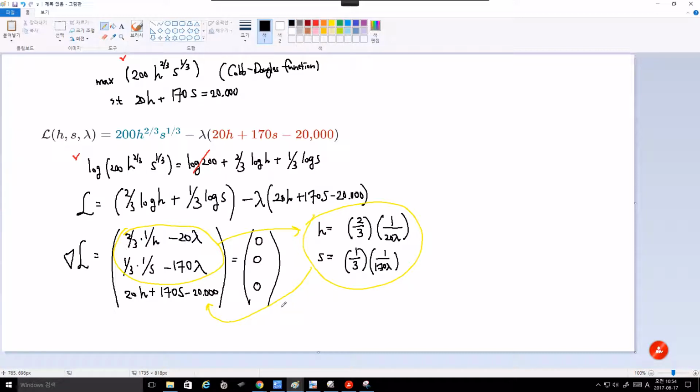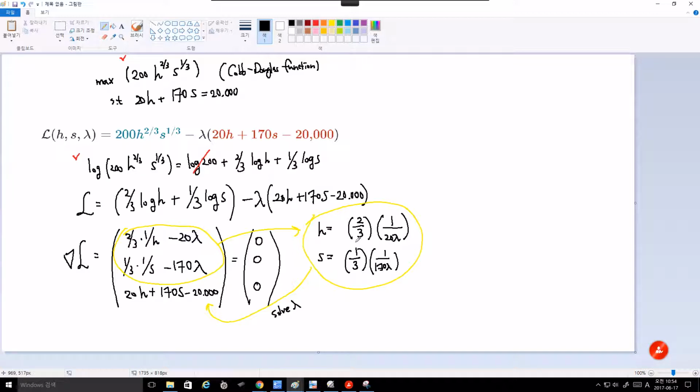We can solve for lambda. Once we solve lambda, we plug lambda again into these, and then we can get H and S. So if we use log, this is much easier, right?